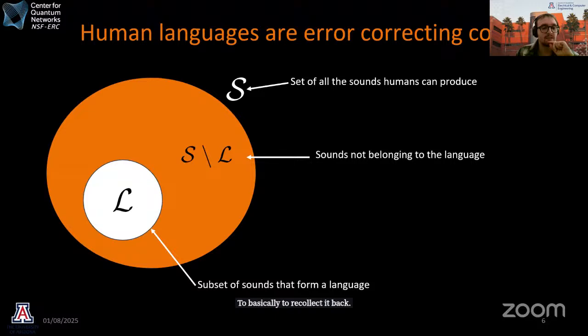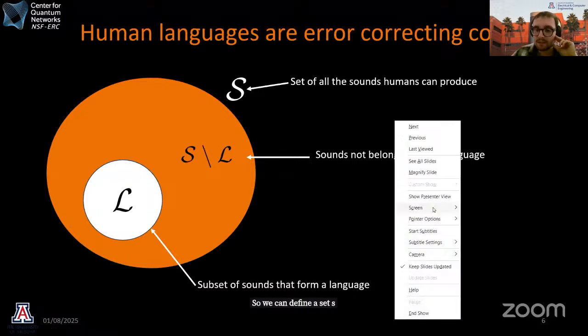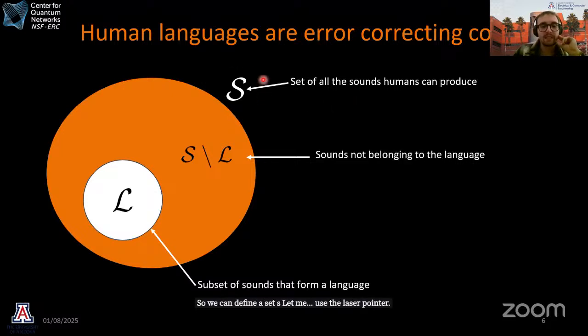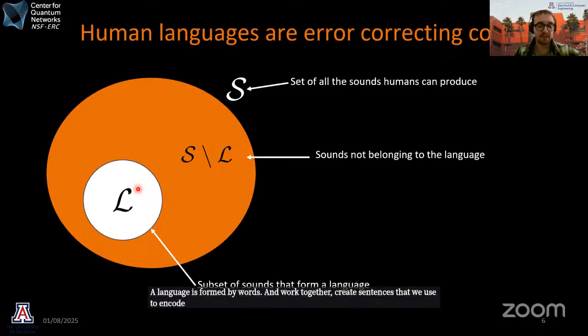We can define a set S to be the set of all the sounds that a human can produce. And then obviously a language is not more than a subset of it. A language is formed by words, and words together create sentences that we use to encode the information that we want to transmit into code words.